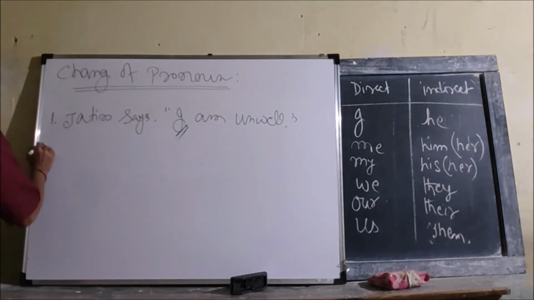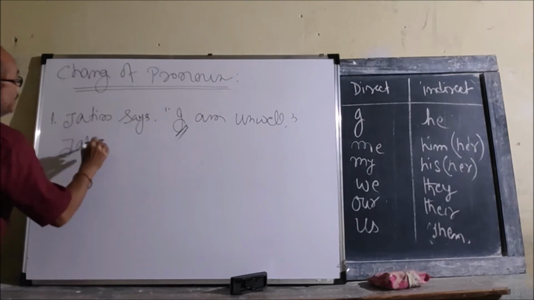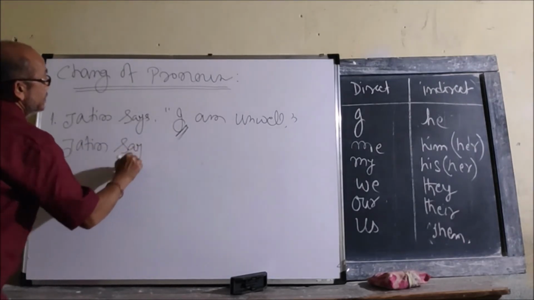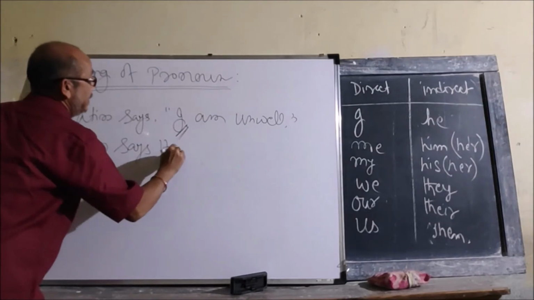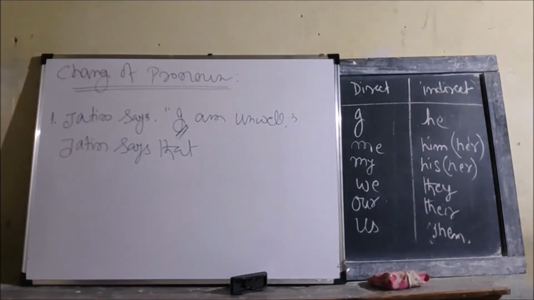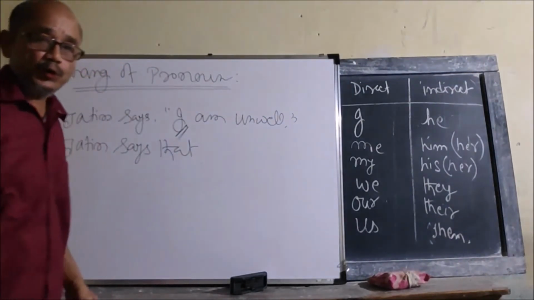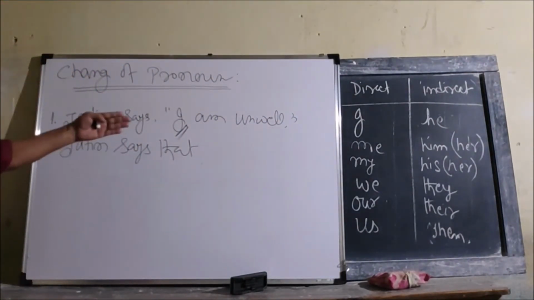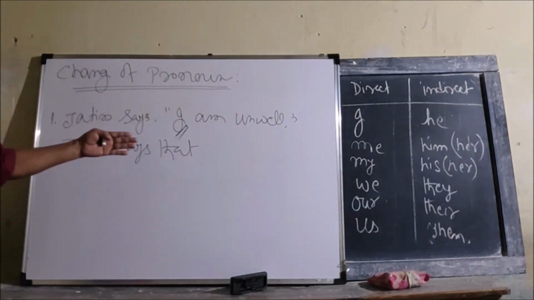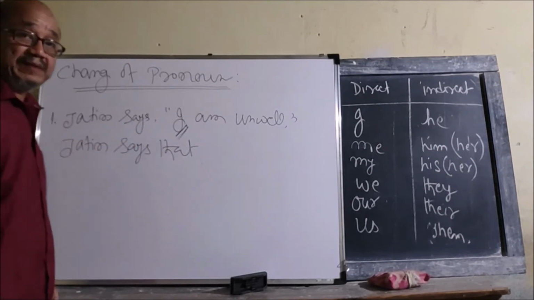Now we can write it as: Jyotin says that. And we will discuss this properly once we finish the rules, otherwise there are so many things to discuss and it is not possible from the very beginning.